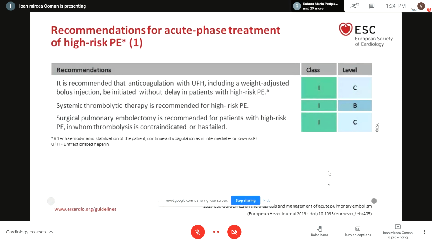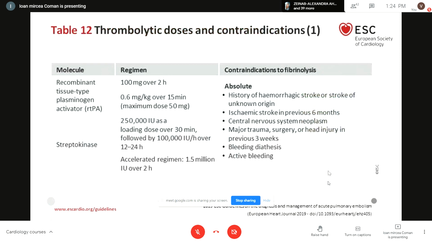It's a class 1 indication nowadays, but you should understand this is an exception, not only in Romania, but also in other areas. So it's probably less than 1% of patients with severe pulmonary embolisms that are treated surgically.